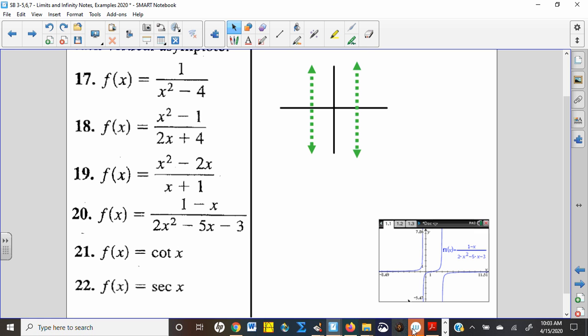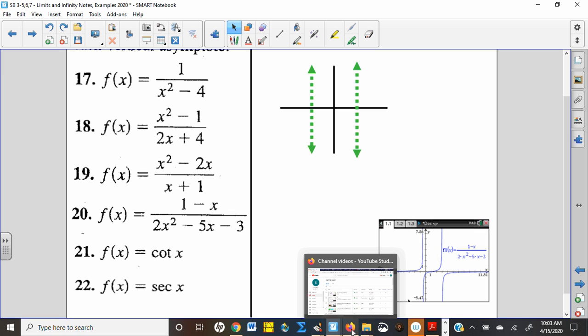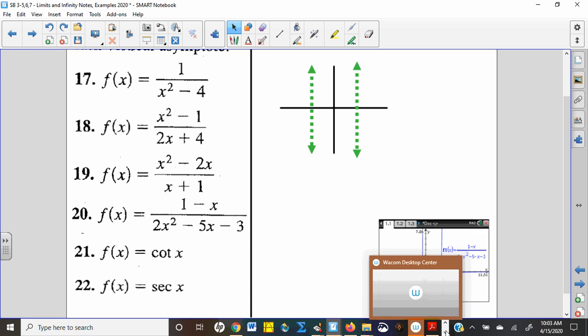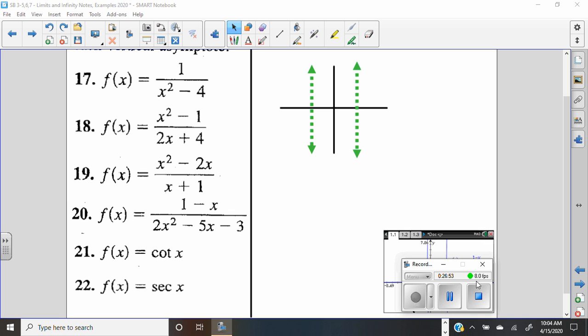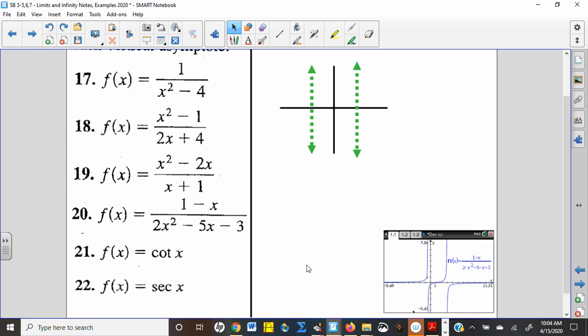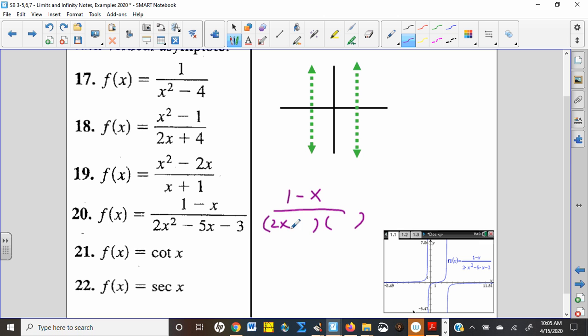And so it's probably going to help us if we go ahead and write that out. So 1 minus x. So I need 2x squared, so that's going to be 2x times x.